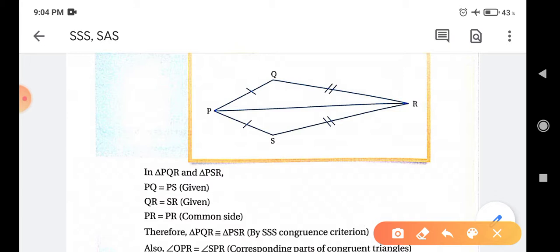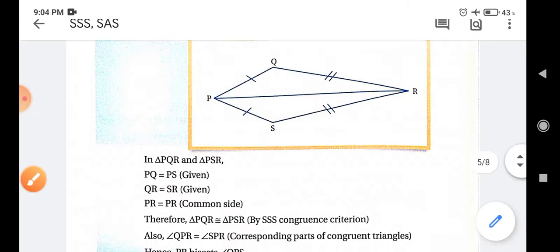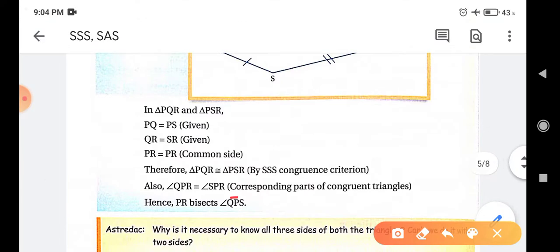So we can say that angle QPR is equal to angle SPR, because these are corresponding parts of congruent triangles.